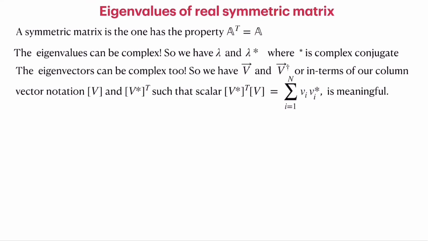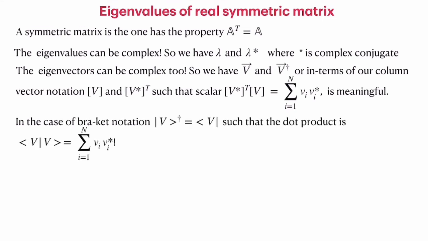That way the scalar product becomes the sum over i from 1 to n of vi star vi, which becomes meaningful in the sense that it is a positive definite number. In terms of our bracket notation, vectors are denoted by a ket, and its complex conjugate would be a bra vector.